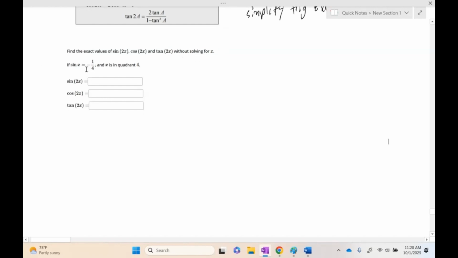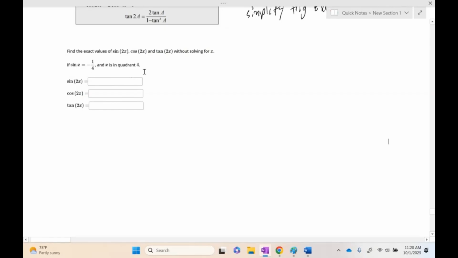It says without solving for x, if sine of x is equal to negative 1/4 and x is in the fourth quadrant, we want to find this double angle for sine, double angle for cosine, and double angle for tangent based on this given information. So the first thing I'm going to do is just sketch this out.